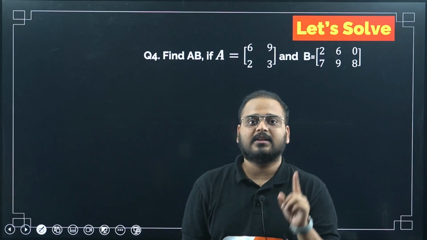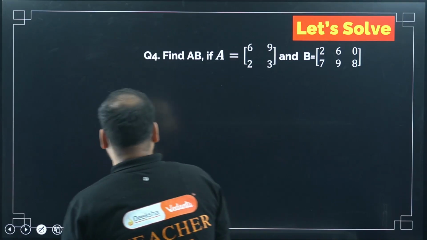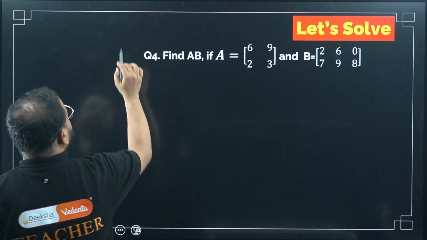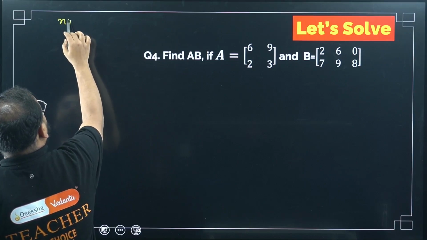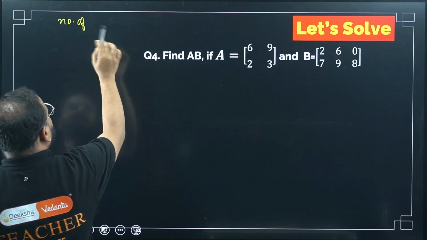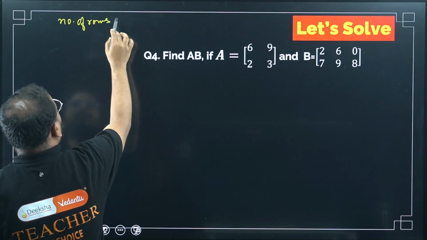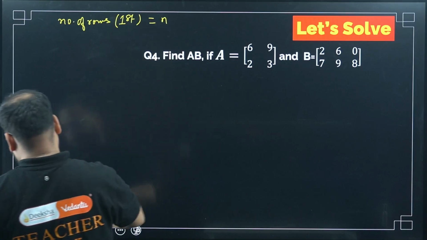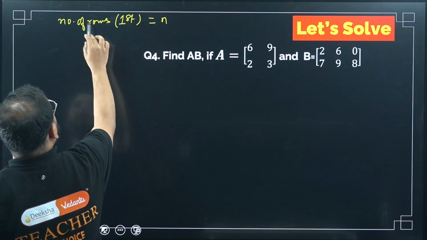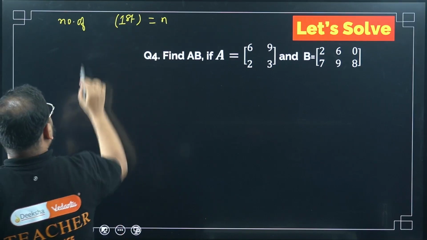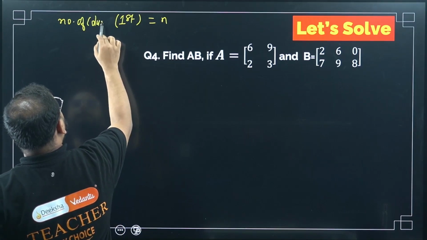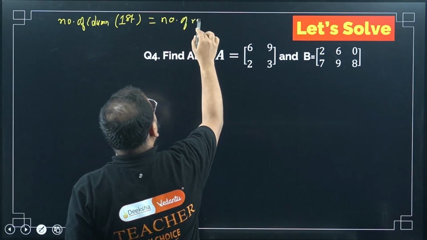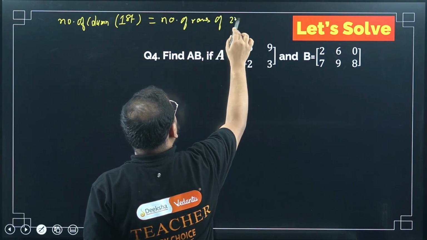Same way there is a prerequisite in the case of multiplication also. And what is that? Please have a look here. The number of columns of the first matrix should be equal to the number of rows of the second matrix.